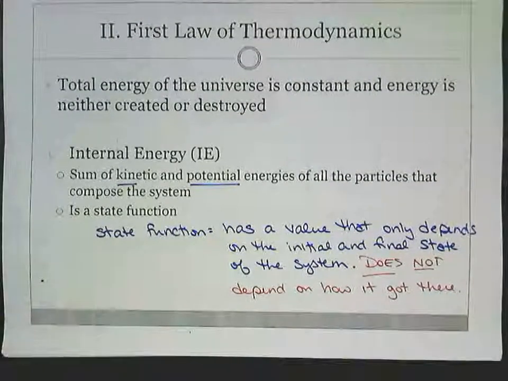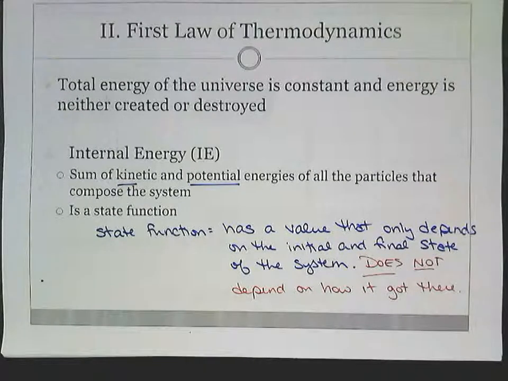The key to a state function is that we look at its initial energy, we look at its final energy, and that's it. Doesn't matter how it got to its final energy. We just look at the initial energy and the final energy.